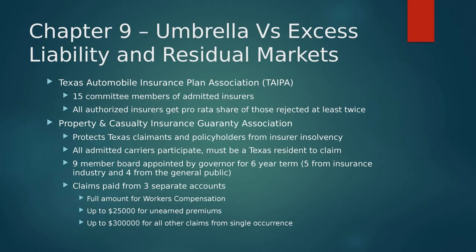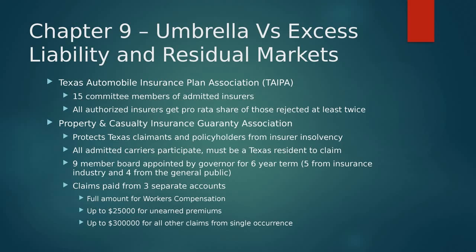Speaking of getting in trouble with insurance or in trouble with driving an automobile, if you happen to be somebody that has a hard time keeping insurance and you get dropped and you're having a hard time finding a new carrier, what ends up happening is you may get referred over to what we call the Texas Automobile Insurance Plan Association, TAIPA. This is made up of 15 committee members of all the admitted insurers that sell automobile insurance within the state.